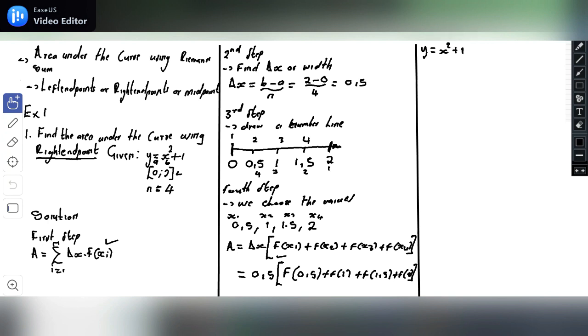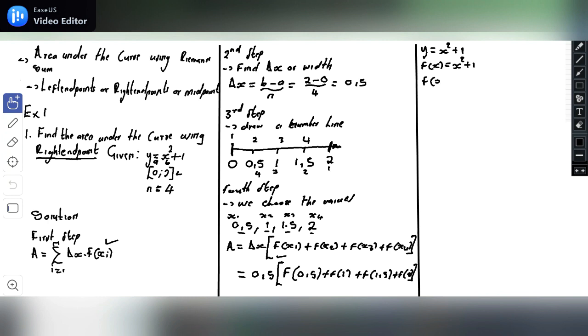We know that we can also write it as f of x equals x squared plus 1. Right. So now, where we see x, we are going to replace it with 0.5, 1, 1.5, and 2 and find the values, right?